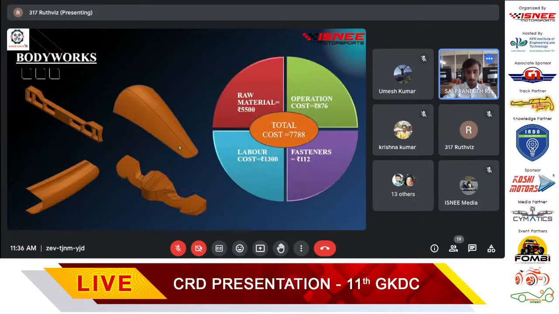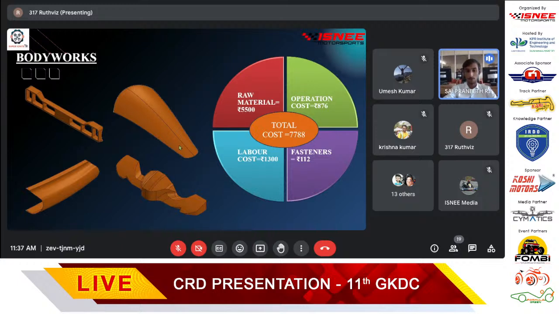We are proud to say that our bodyworks are manufactured in-house, and we bought the raw material for around 5,500 rupees. It includes the resin, fiberglass, fiber mat, etc., hardener and also catalyst. The operation cost covers mixing of the resin and hardener, and also the gloves; those materials are considered in this.